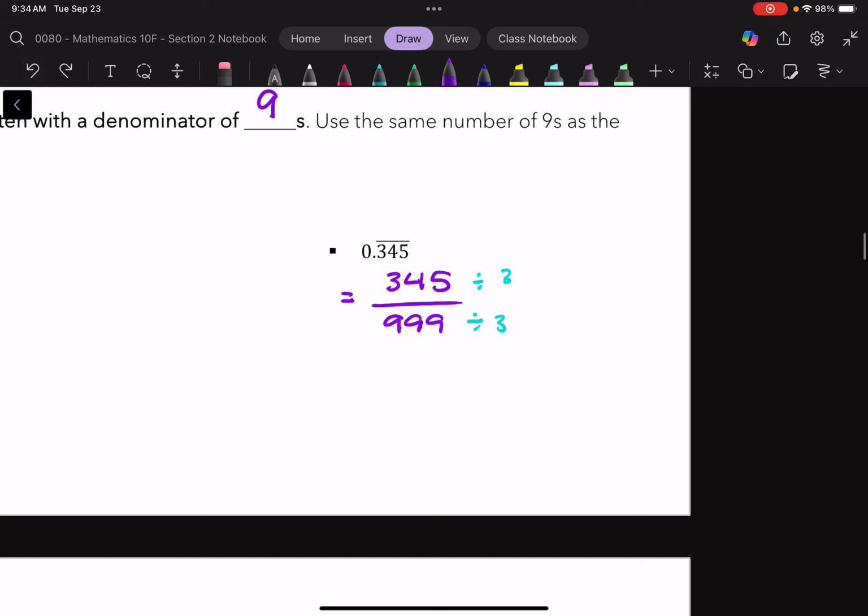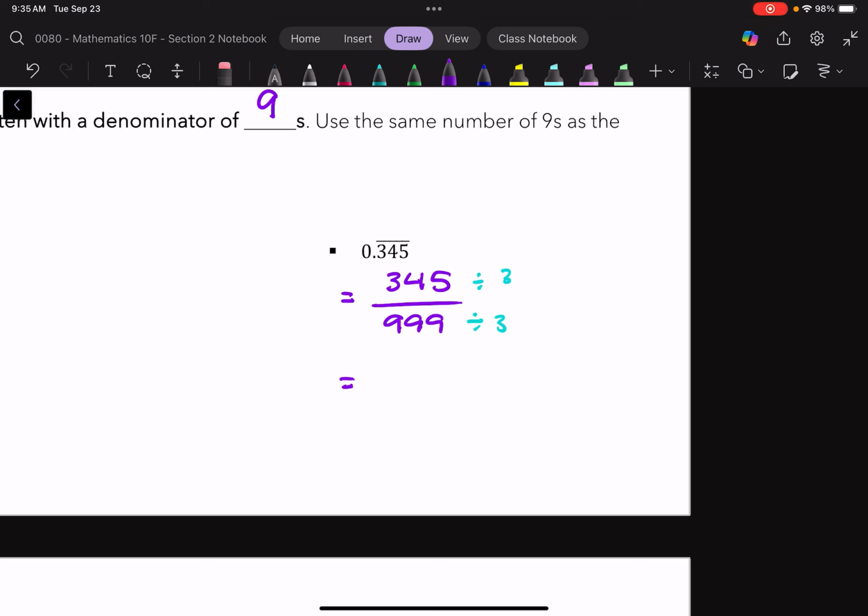Now, when I think about this, I kind of look at 345, and in my head, mental math-wise, I can do that division. The way that I do division is I notice that 45 is divisible by 3 and 300 is divisible by 3. And so I'm doing those separately and recombining that. 300 divided by 3 is 100 and 45 divided by 3 is 15.